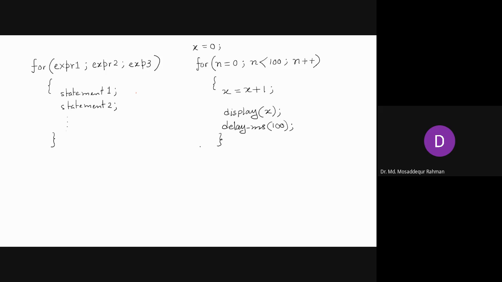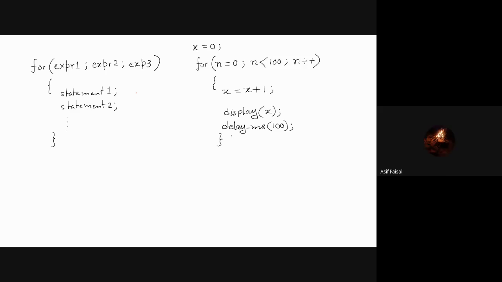So that's the same thing that we did with the while loop, and we're doing it here with the for loop. So here it starts with x, display the value x, and then you increment and continue the loop. So how many times will we have this, right?